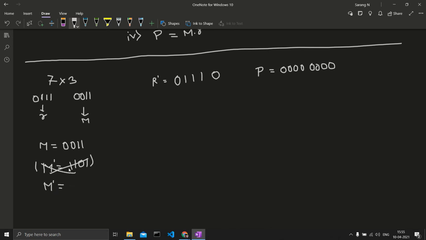We should calculate m dash in 8 bits, then only we can claim it to be the real 2's complement of 3, right? Because we are adding it to p, that's why we have to calculate it in 8 bits. Similarly, m should also be 8 bits, but because all the most significant bits are 0, it doesn't matter. But in m dash, the significant bits won't be 0, they would be 1, that's why it matters. So we'll calculate in 8 bits.